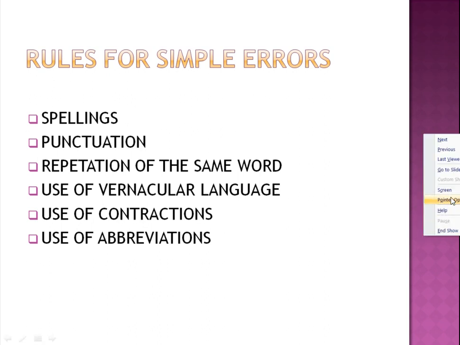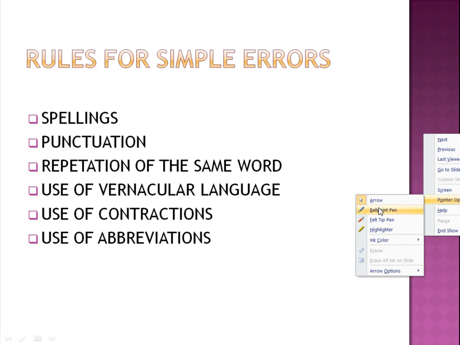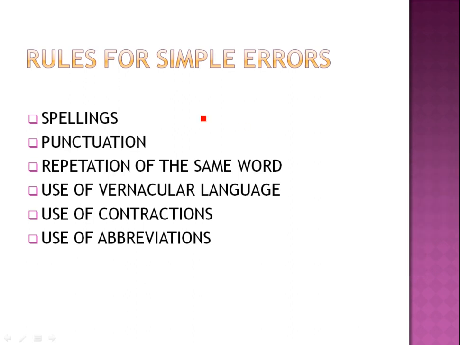Just for your convenience, I'll again do a run through and we'll write some examples. Spellings, I think you have understood. Punctuation, even the commas, the semicolons, the inverted commas, all are taken into account. Repetition of the same word is not allowed, like again and again. That's a common mistake people sometimes make.